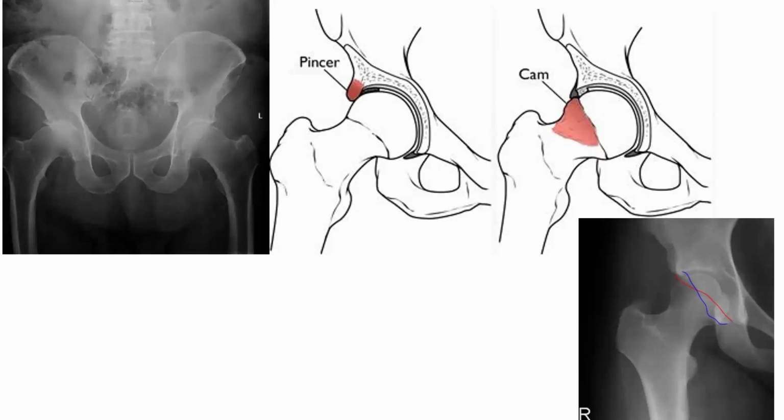Also, you have to know, on an AP view, whether you have the acetabular overlap sign, where the acetabulum is protruding further forward with respect to either the anterior or posterior margin of the acetabulum, whether it's an anterior impingement or posterior impingement.